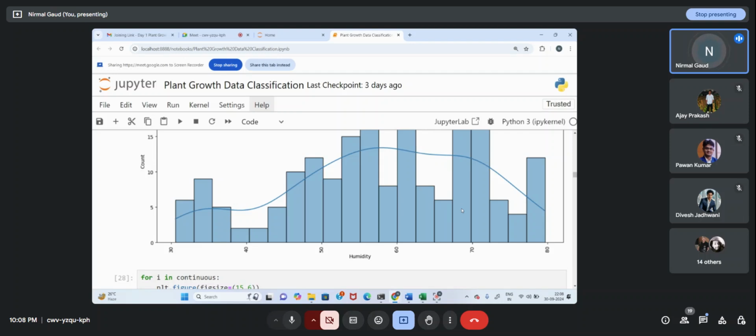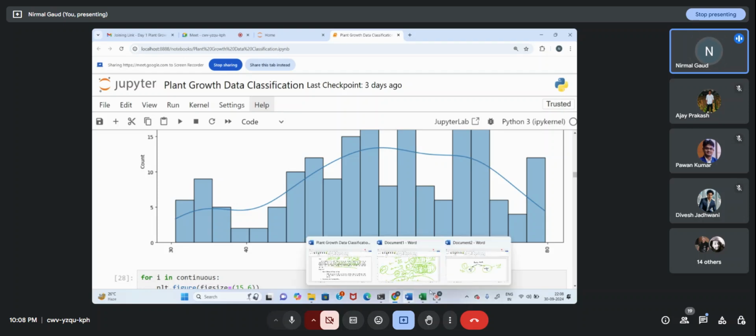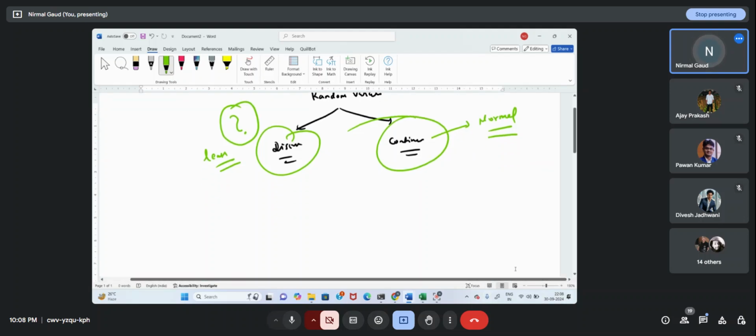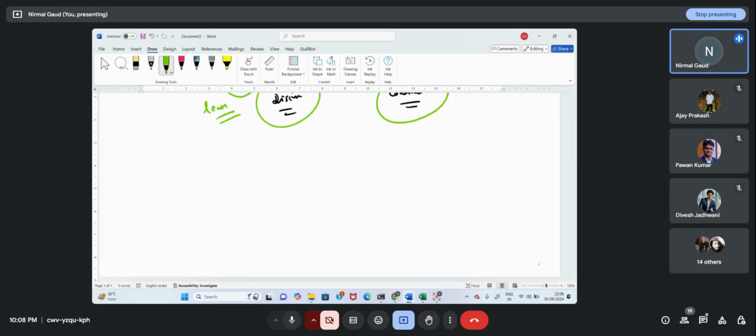However, since you are using a classification algorithm, there is a difference between classification and regression. Classification doesn't ask for normal distribution. They don't ask.